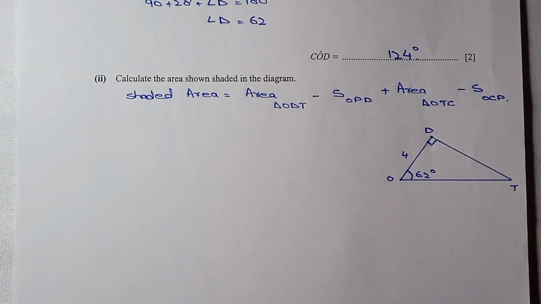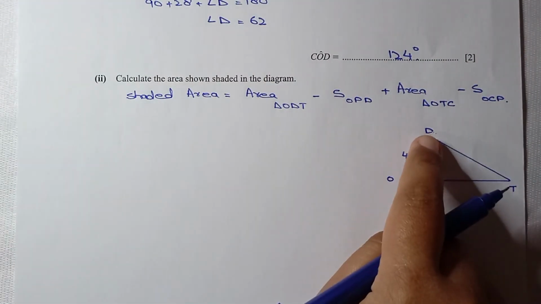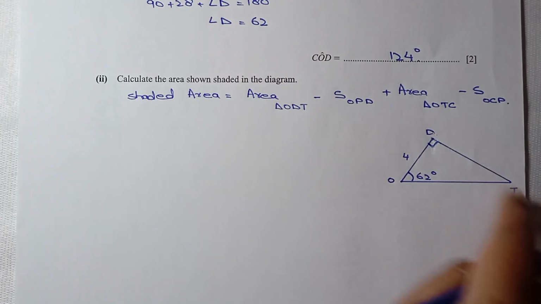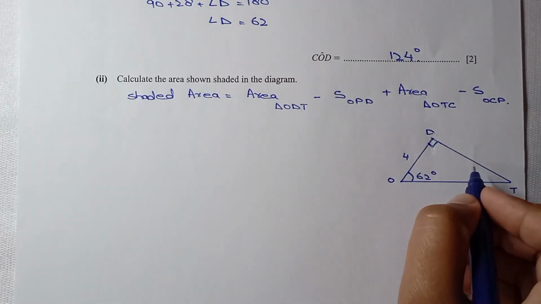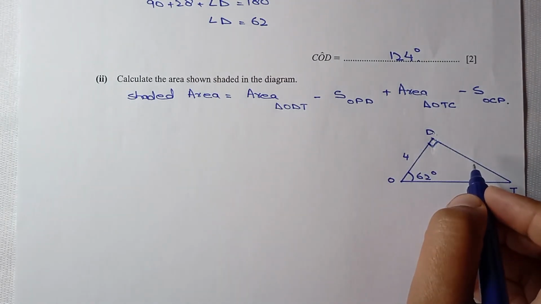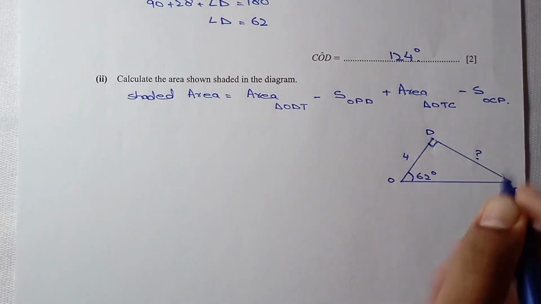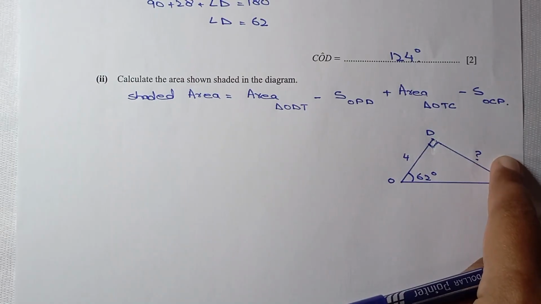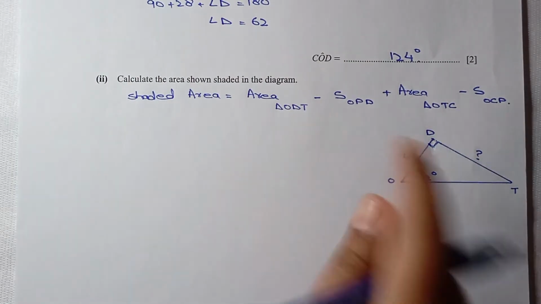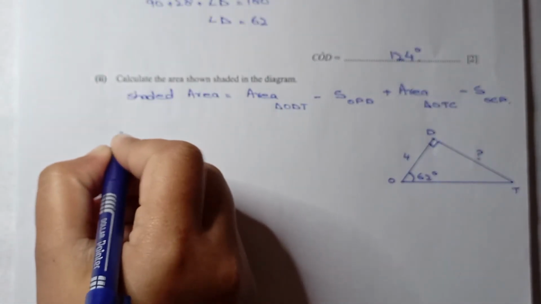Okay, so we need to find D to T, this DT, because for area we need half base times height. This is base and this is the height. So how can we find DT? This is the angle, this is the opposite, and this side is the adjacent. So we can use the ratio of tangent.